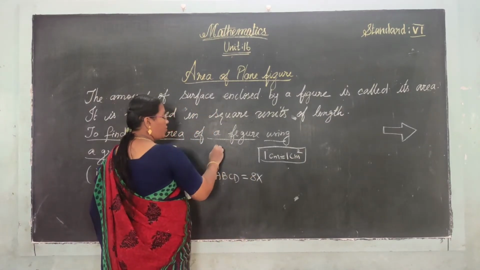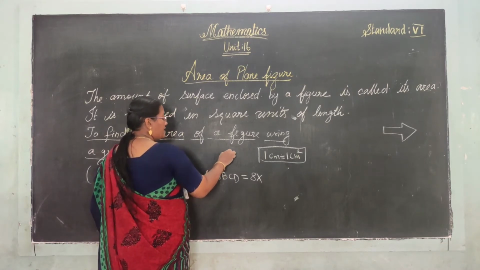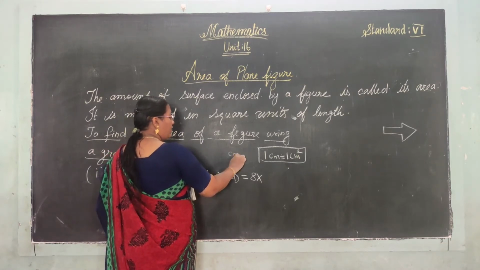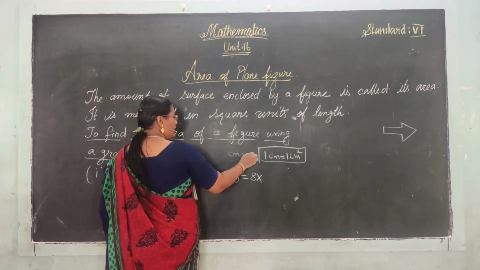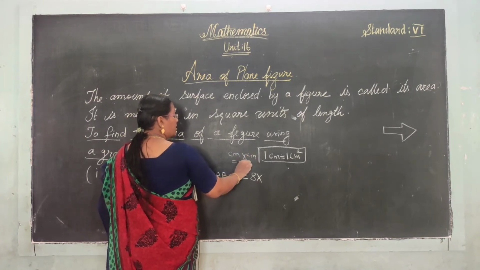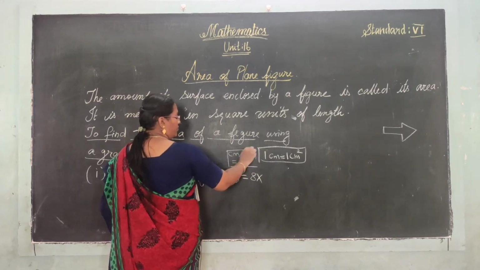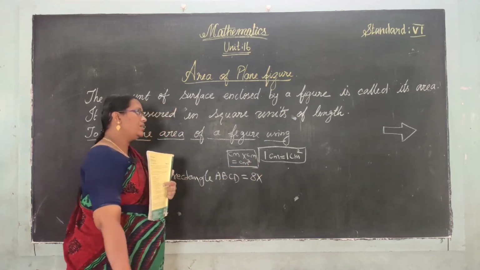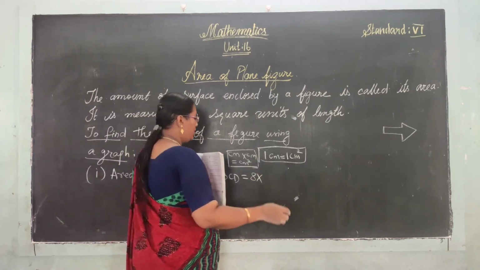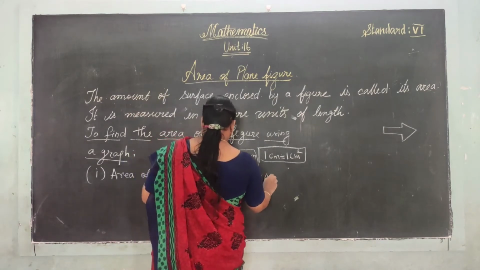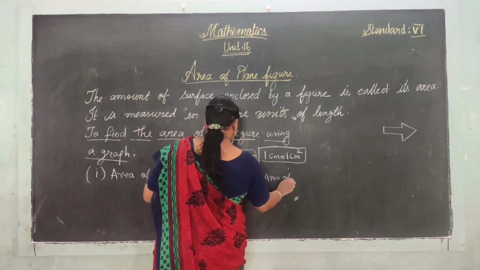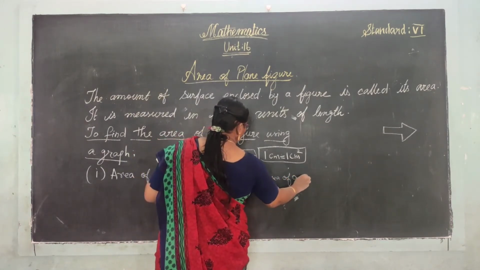So what is the formula for area of the square? Side into side. So we multiply centimeter into centimeter, centimeter square. So 1 centimeter, 1 square box. So area of 1 square.